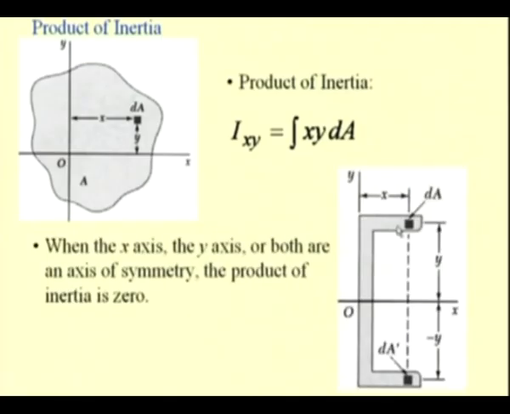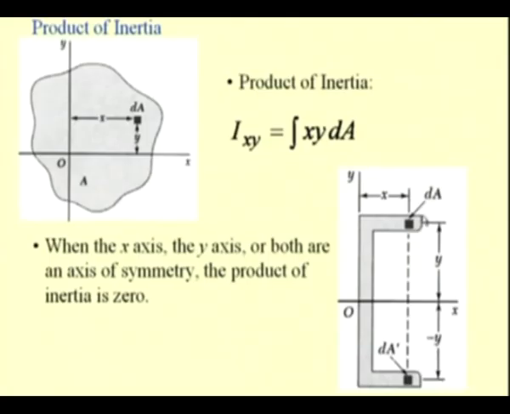So if we consider areas which have some axis of symmetry, let us say this area has an axis of symmetry OX. So it is possible to find these differential areas dA such that for each area dA we have a corresponding area dA prime, which is located at the same distance from this axis but in the negative direction.